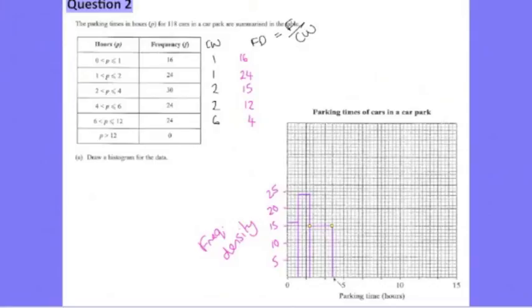Our fourth frequency density is 12 across to 6. So from here up to 12, and then across.